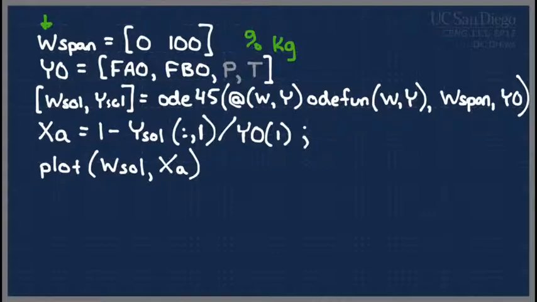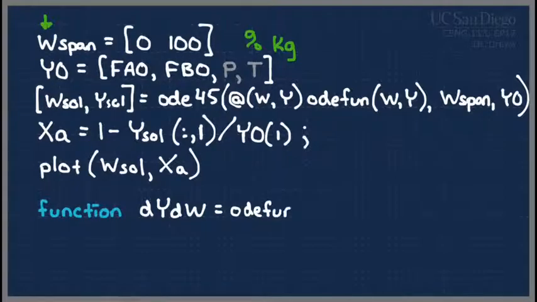So the function that you would end up having doesn't look too much different on the definition line. So it's still dy dw is whatever your ODE function is. The difference is what happens next on the remaining lines. Having access to the flows means that you can, in the first few lines there, write what is the flow.